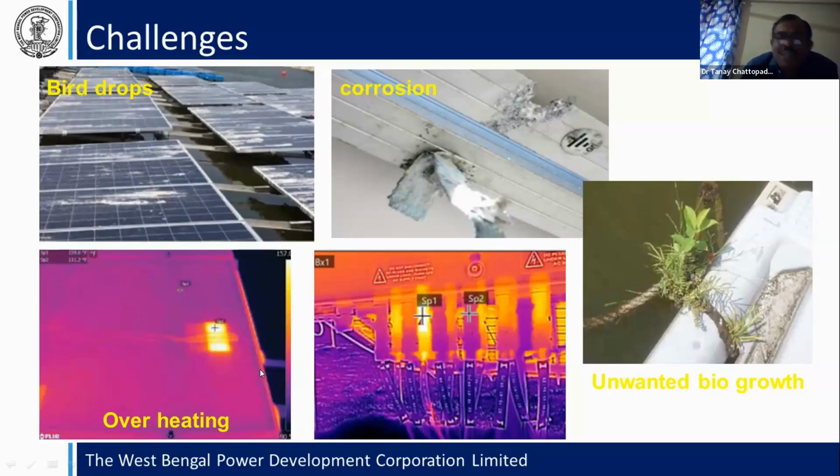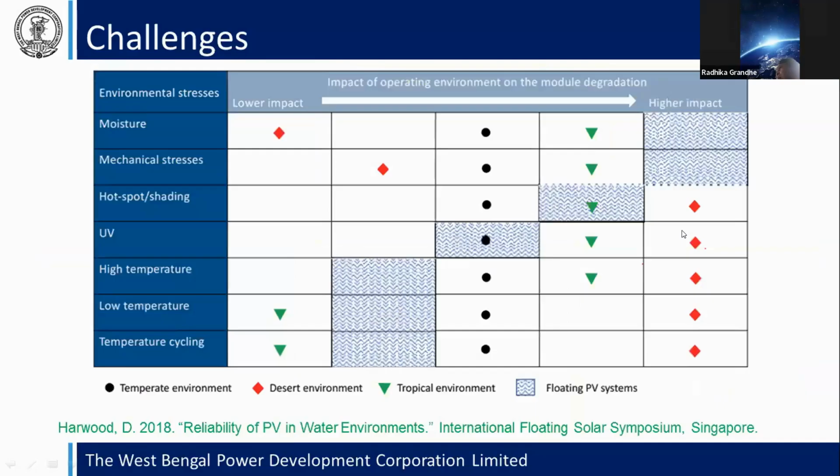So the overheating chance is reduced, and also unwanted biological growth happens. You have to check biological growth. Okay, and these are the environmental stresses which have the higher impact.